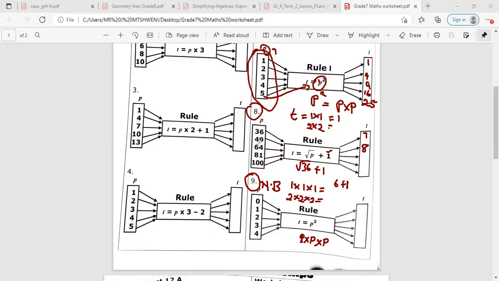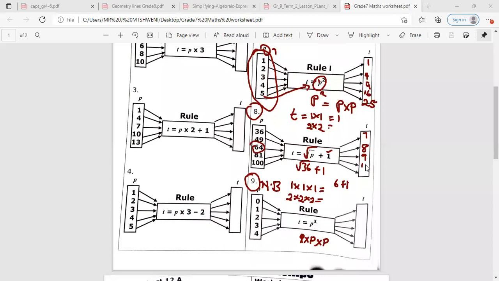The square root of 64, you get an 8. Plus 1, you get a 9. Just punch the square root on this side and calculate. Then you punch the square root of 81, which is 9. 9 plus 1, what do you get? 10.